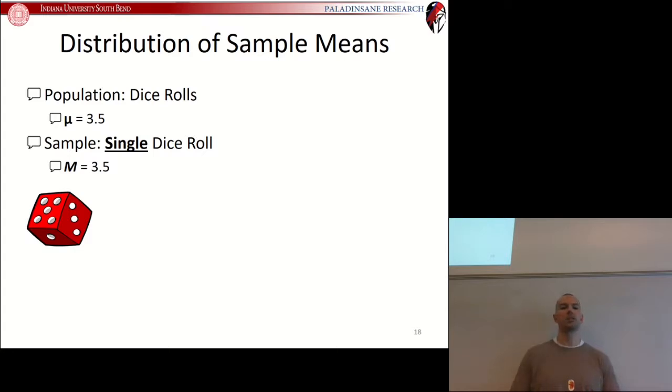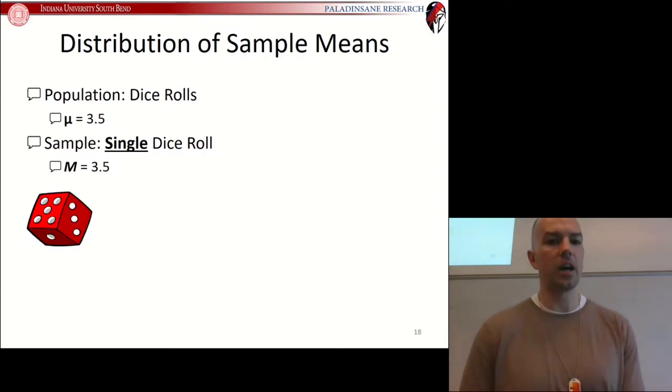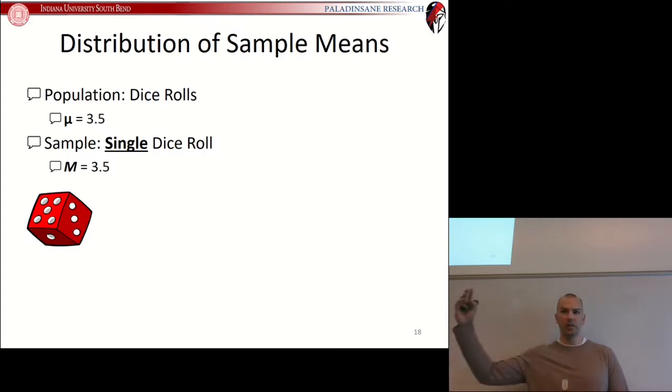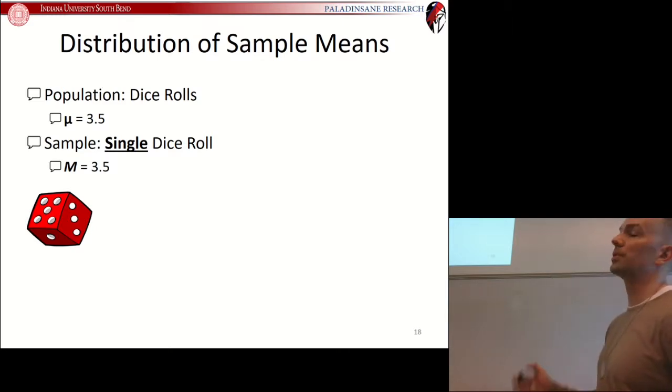Take a look at the population of outcomes for these games. So let's say that you are interested in dice rolls. The population of dice rolls for six-sided dice that are fair, from the time the first dice was rolled to the latest dice roll that ever occurred, if you were to take that entire population of dice rolls, add them all up and divide by the billions of dice rolls that it was, you would find that the mean for that population was 3.5.